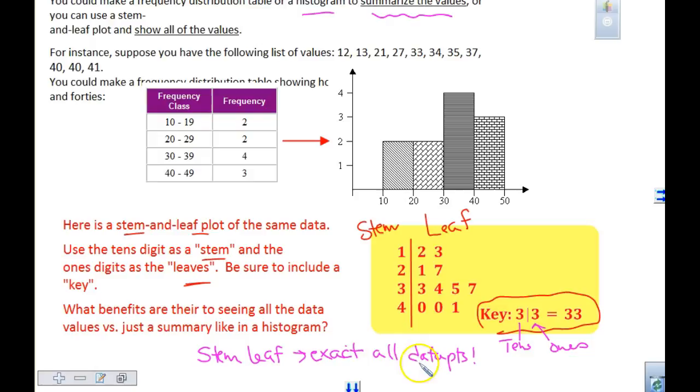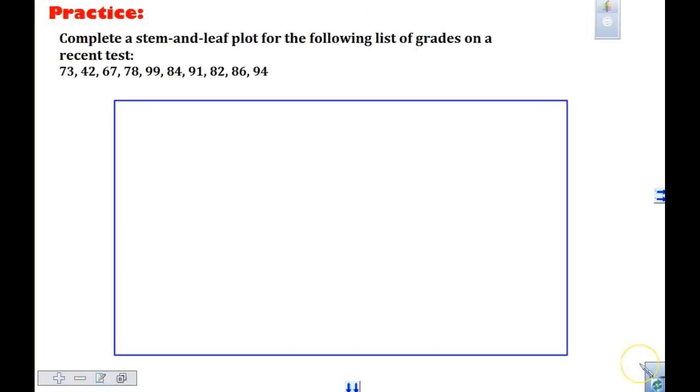And the histogram, it's just a summary. It summarizes things, okay? So histograms are good for big picture and showing someone something, but stem and leaf gives you more individual data points. And it all depends on who your audience is or what you're presenting.